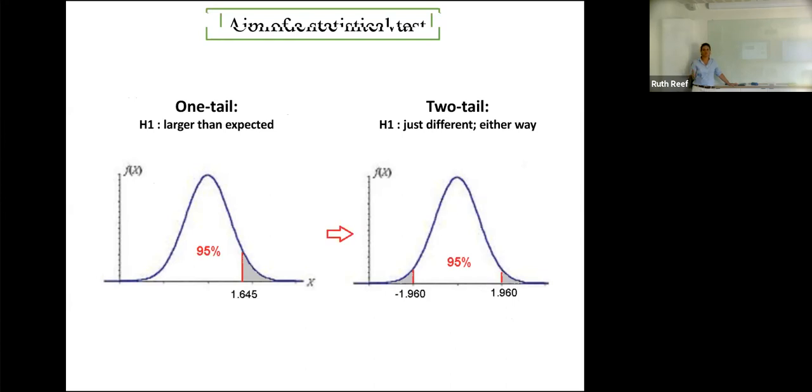Or more often, we use a two-tailed test, which means we are spreading that 5%, 2.5 on each side of the mean. So one tail entails that my alternative hypothesis is that the giraffes in South Africa are larger than in Kenya. My two-tail just says, well, no, those means are not the same. The giraffes are different between the sides.